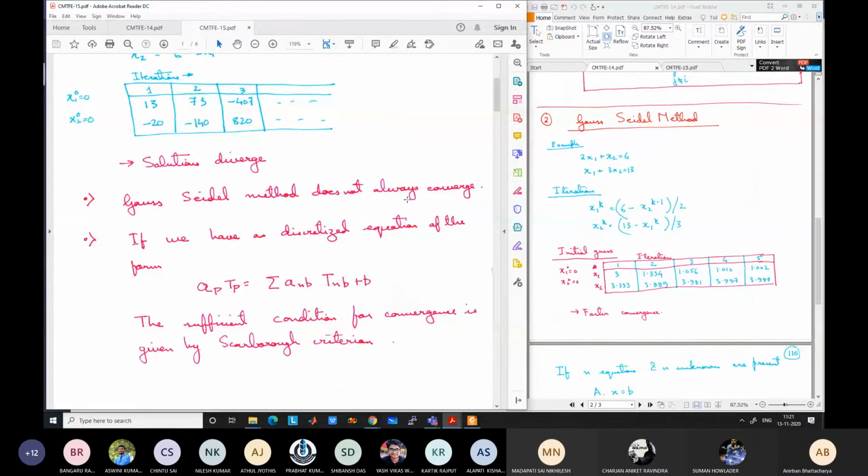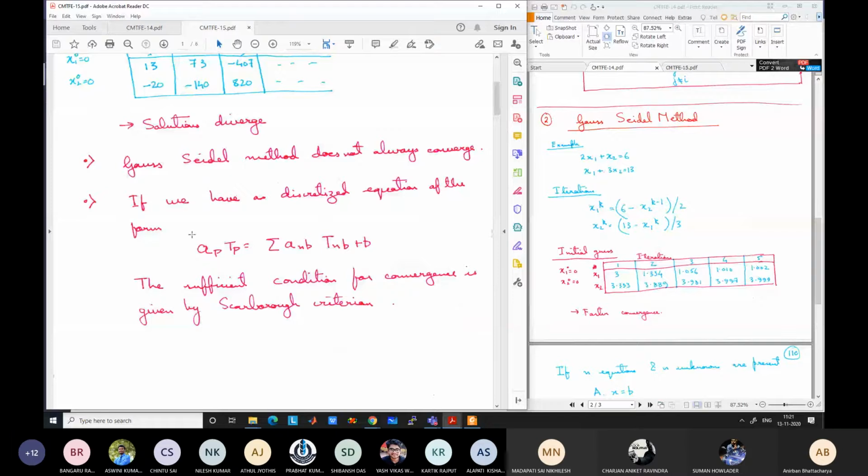The same is true for the Jacobi method. I have not written it here. If we have a discretized equation of this form, this is our general form of the discretized equation. If you remember, we have repeatedly encountered it, whether in a simple steady-state diffusion problem with source term, or a transient problem with transient term, source term and diffusive term.